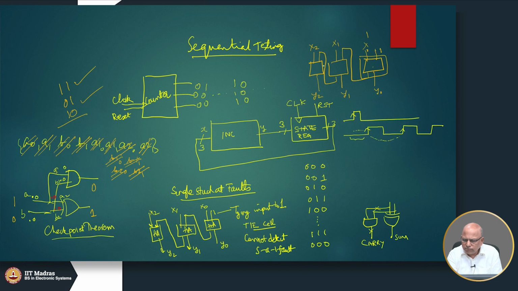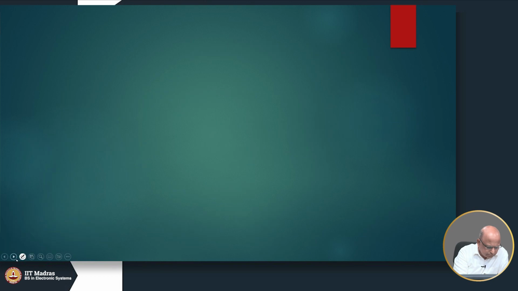Such a design where the same unit repeats again and again is known as an iterative array. So, we can try and see, let me go to the next. So, we have an iterative array.